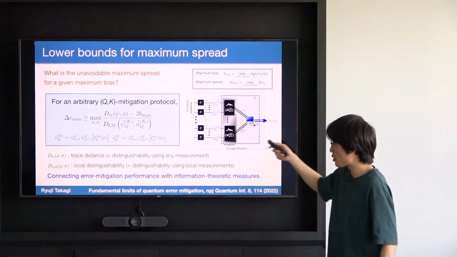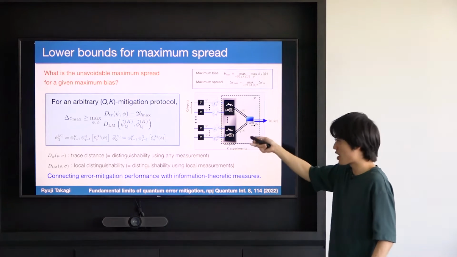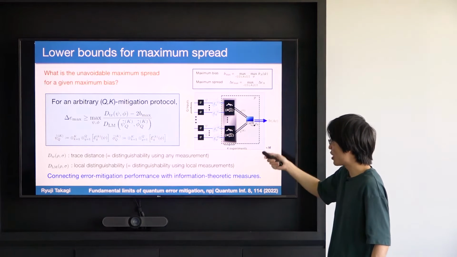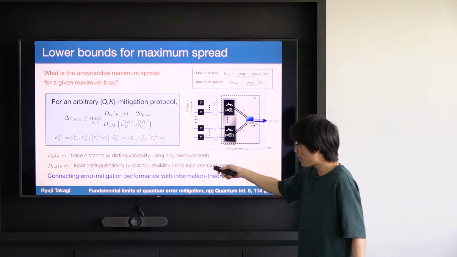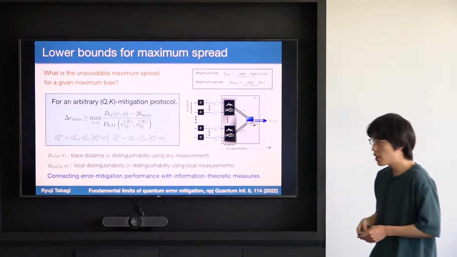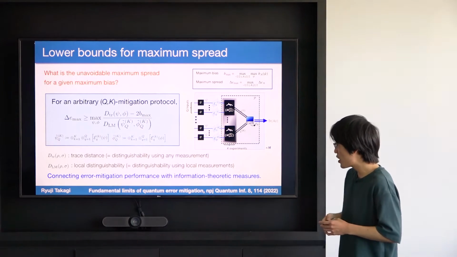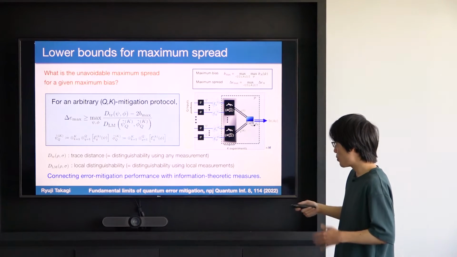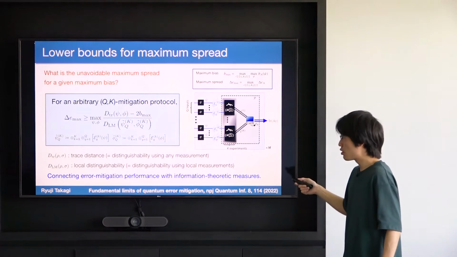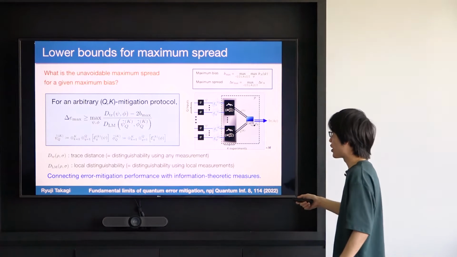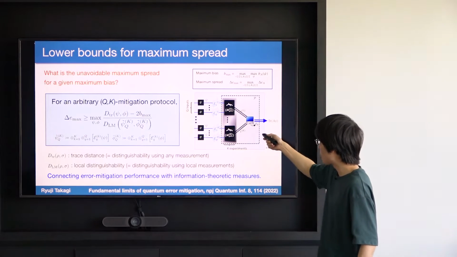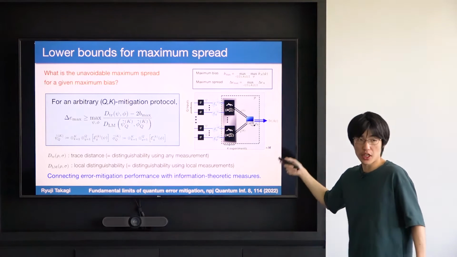I also have the maximum spread and the maximum bias in the numerator. In the denominator, I have the local distinguishability measure. Again, this is the distinguishability between two quantum states, but only using local measurements. What I mean by local measurements is the measurements that correspond to each experiment.